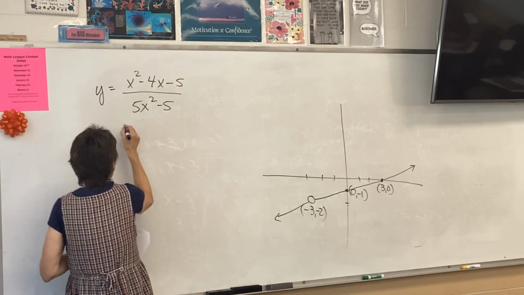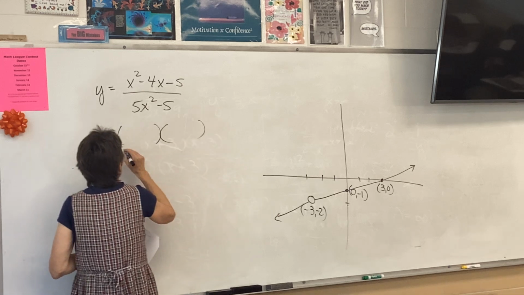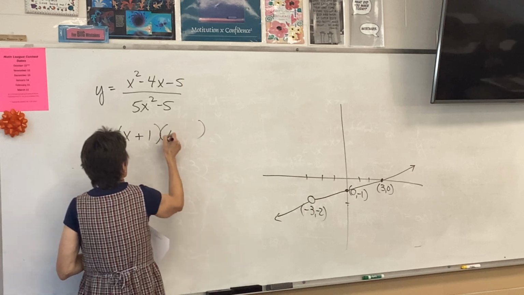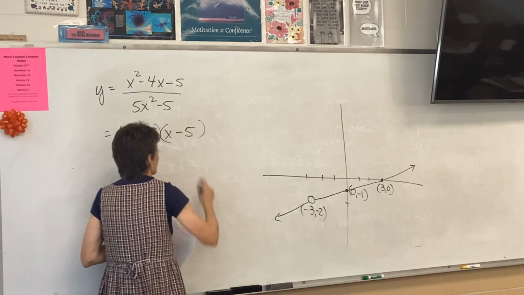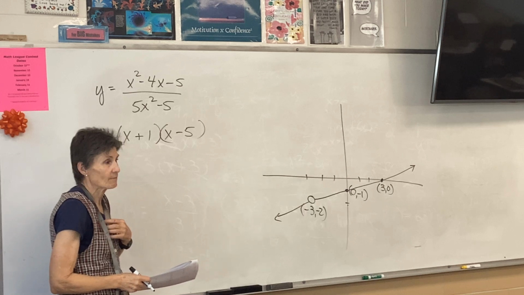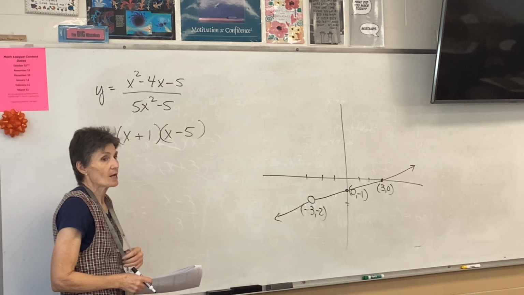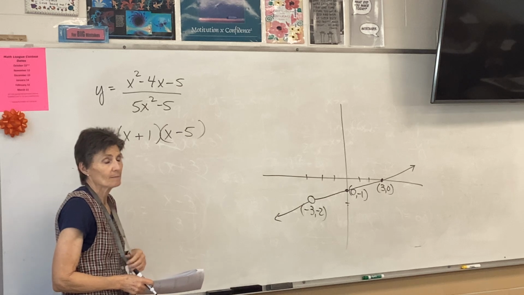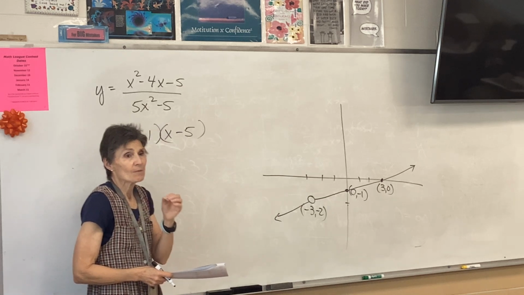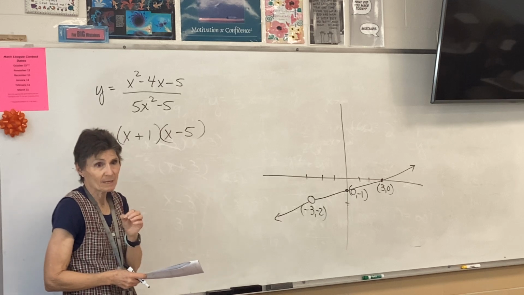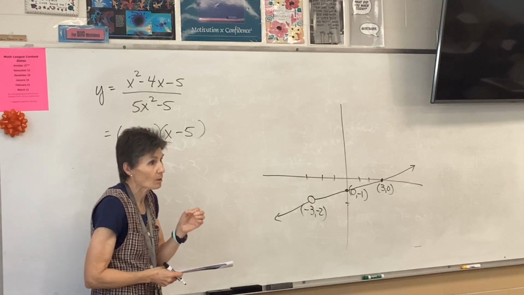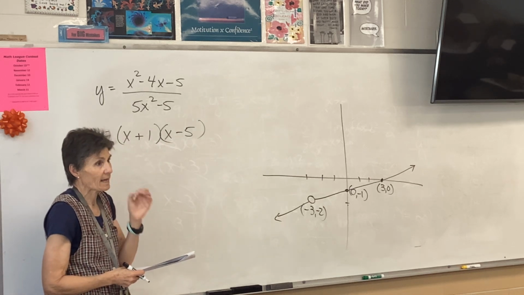So how does the top factor? Mine: x plus 10, x minus 5. Most of you are decent factorers, but I would suggest that you always check, because if you mess up your factoring, think about what that's going to do to your problem. It's going to put your asymptotes and intercepts in the wrong place, and you don't want that to happen.